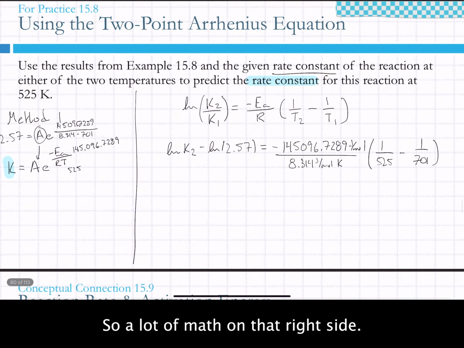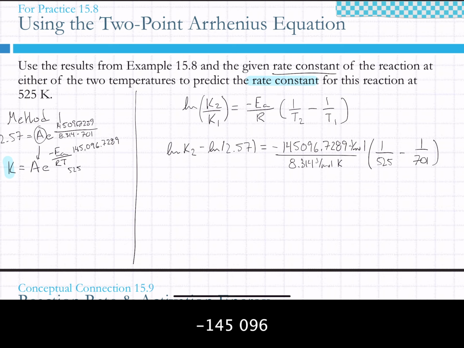So a lot of math on that right side, but I can do negative 145,096 divided by 8.314 times, in parentheses, 1 divided by 525 minus 1 divided by 701. So now I've got 3460877. That's enough.